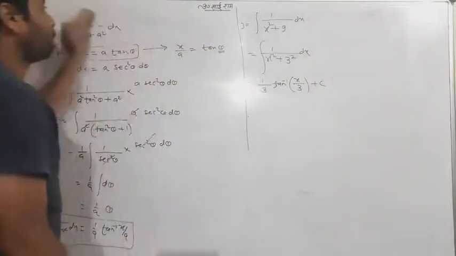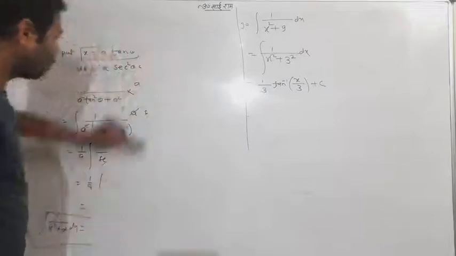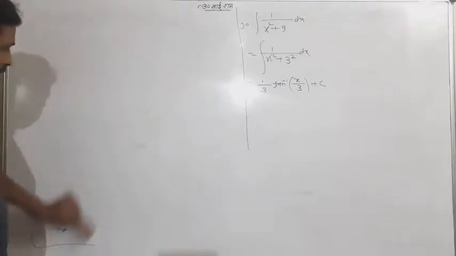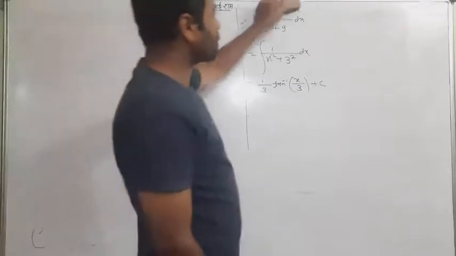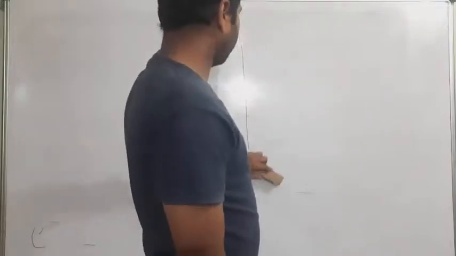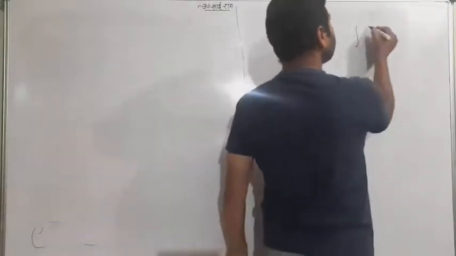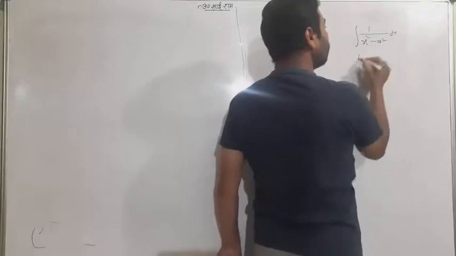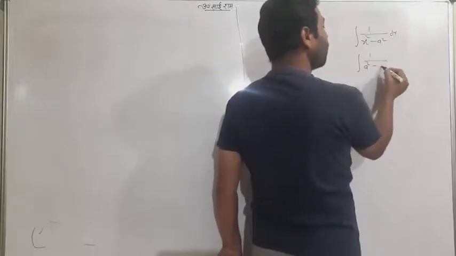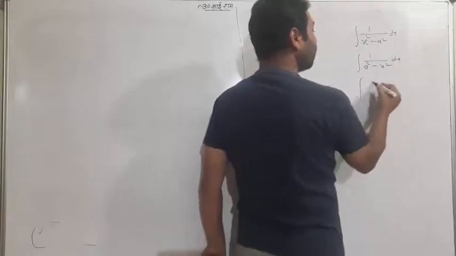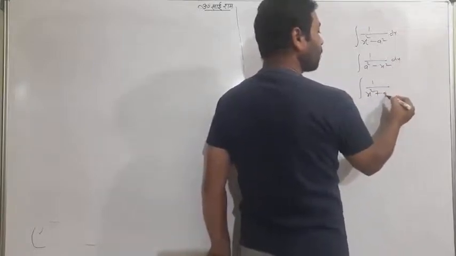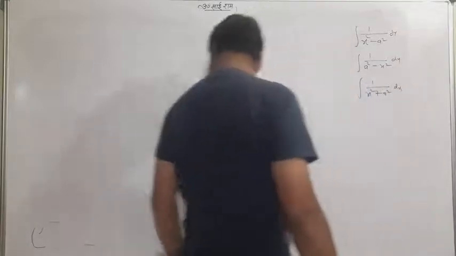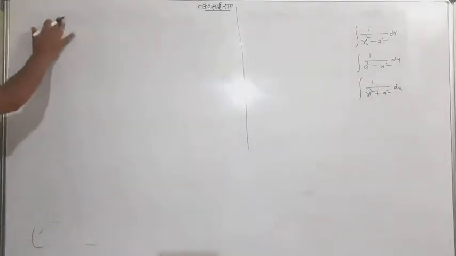Okay, so 3 formulas we have seen till now, all based on 1 upon: 1 upon x square minus a square, 1 upon a square minus x square, and 1 upon x square plus a square. Now we will take 3 more formulas.